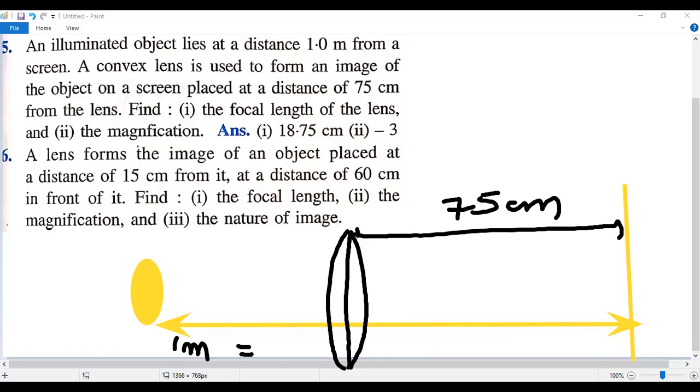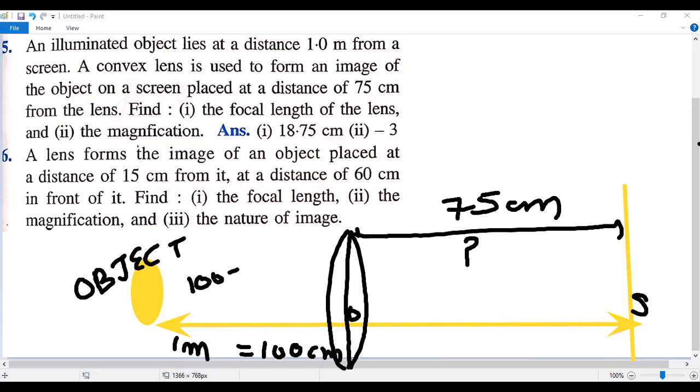So students, 1 meter means 100 centimeter. And if the distance between optical center and screen is 75 centimeter, then the distance between object and optical center should be 100 minus 75 centimeter. That comes out to be 25 centimeter.